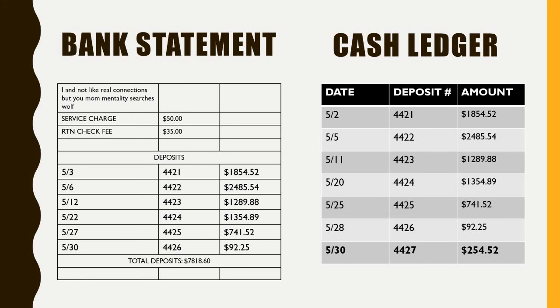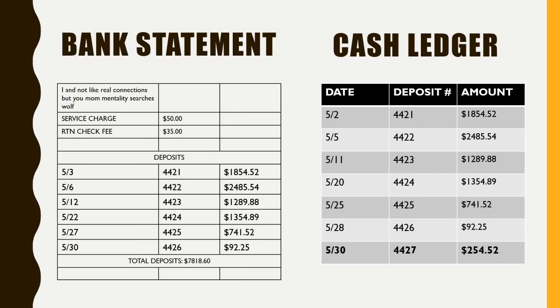And you're going to get a deposit slip number. So pretty straightforward: you're going to have the date of when you deposited, a deposit slip number, and the amount that you deposited, whether it's checks or cash.